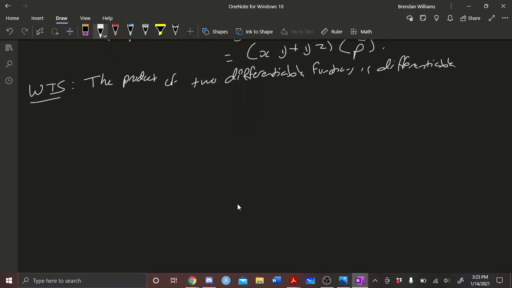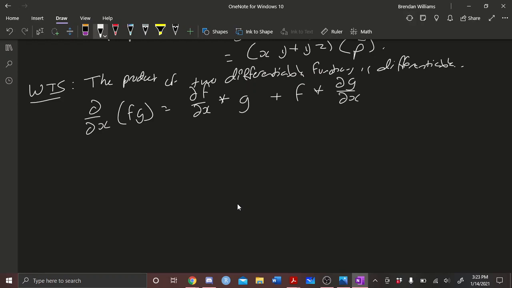So the one thing we need to remember is the chain rule, and that just says that the partial derivative d dx of fg is equal to df dx times g plus f times dg dx. Okay. And we can also do the same thing for y and z instead, but we're just looking in terms of x right now.